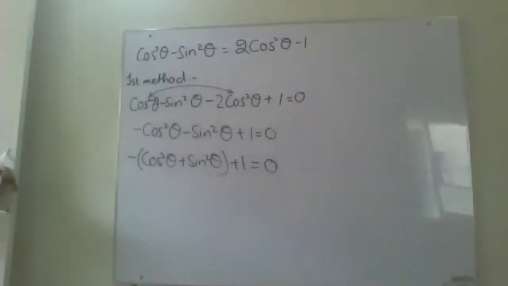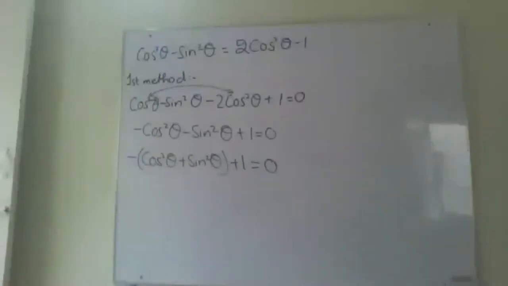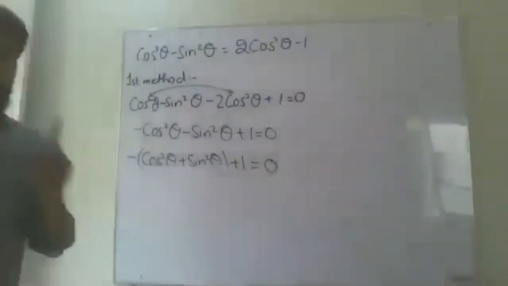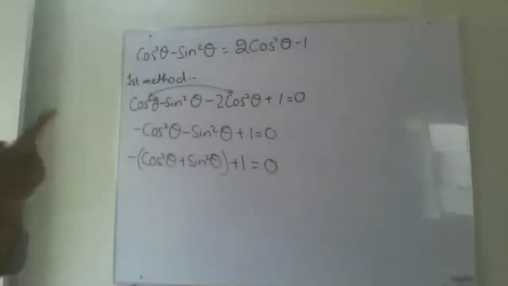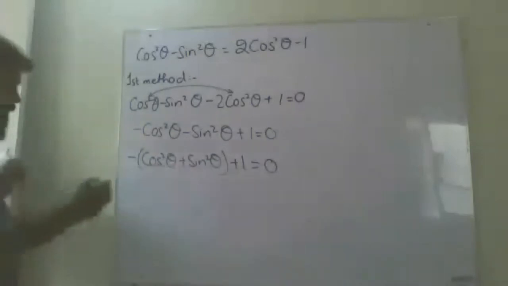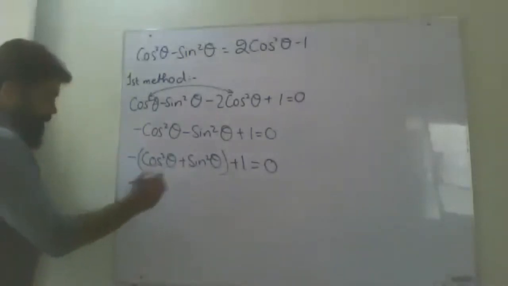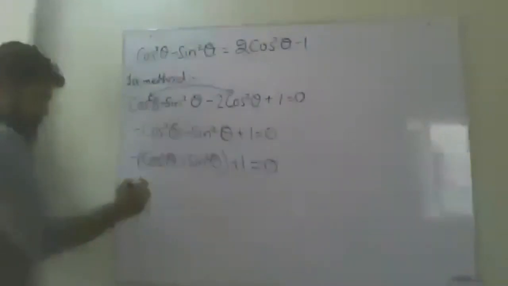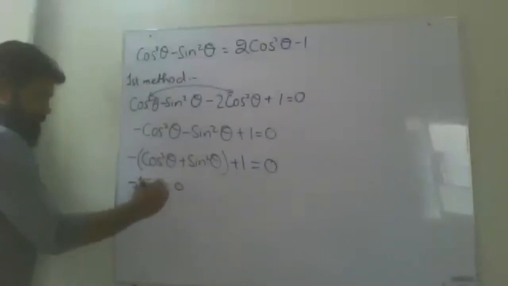Now, according to our squaring identity, sine square plus cos square is equal to 1. You guys know that sine square theta plus cos square theta is 1, so that will become minus 1, plus 1 equals 0.